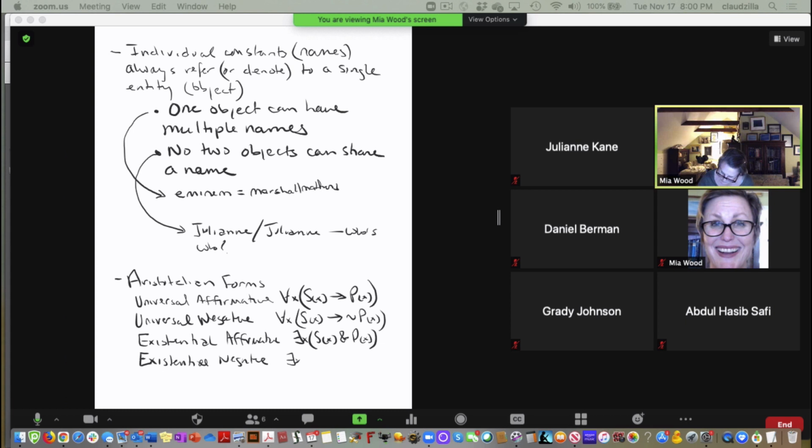There is an x, it's an S, but it's not a P. Notice that on the standard translation, the negation goes on in front of the P class. In the universal, it's the consequent. In the existential, it's the right side of the conjunction.